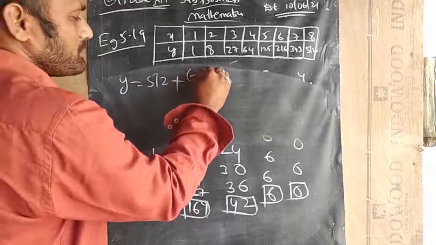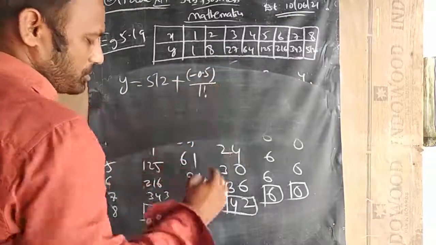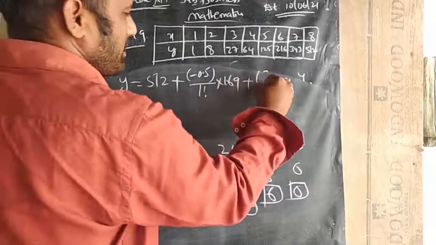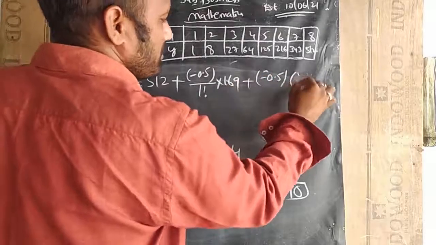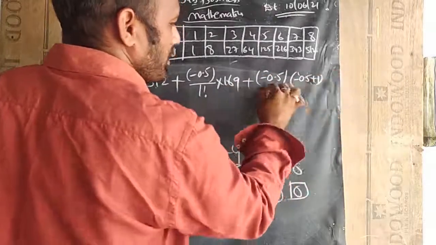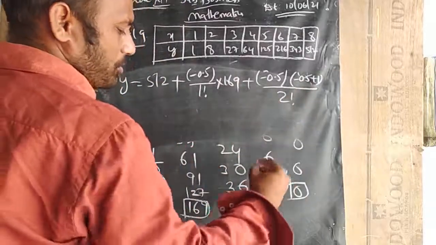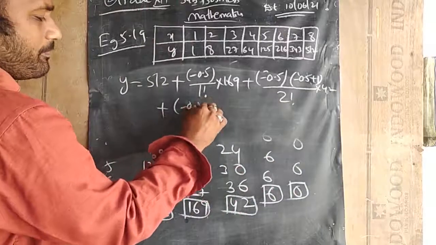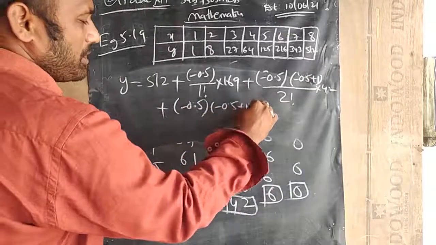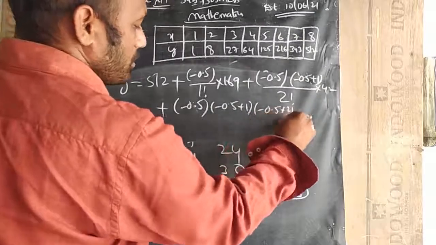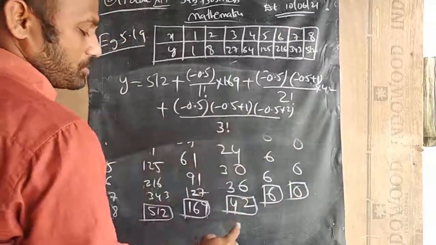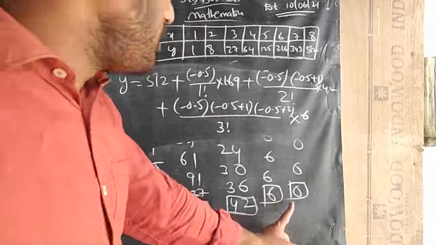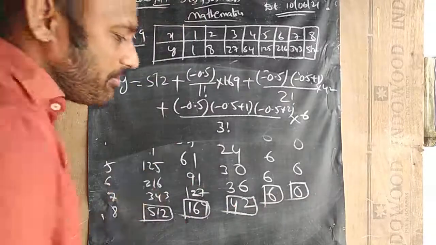N value is minus 0.5 by 1 factorial into delta yn, which is 169, plus n into n plus 1, that is minus 0.5 into 0.5 divided by 2 factorial into 42, plus n into n plus 1 into n plus 2 divided by 3 factorial into 6. So if you multiply with 0, you will be getting 0 only, so no need of writing that separately.